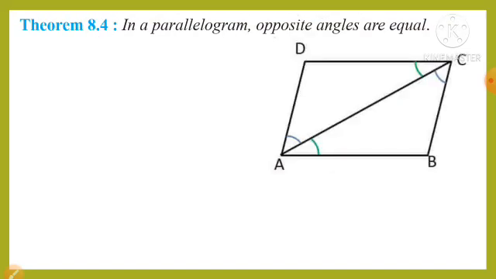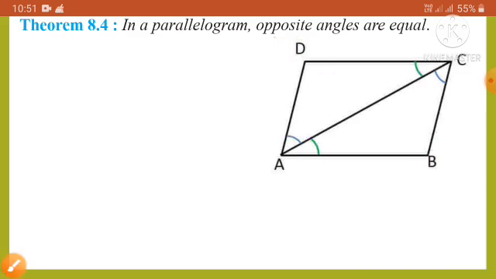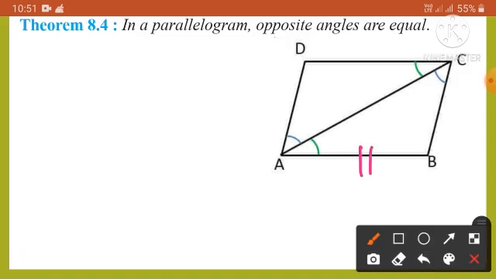Now theorem number 8.4 says that in a parallelogram opposite angles are equal. Already figure is given here. Given a parallelogram ABCD with AC as its diagonal. We have to prove that angle A equal to angle C and angle B equal to angle D. Now opposite sides of a parallelogram are parallel, so AB is parallel to DC and AD parallel to BC.